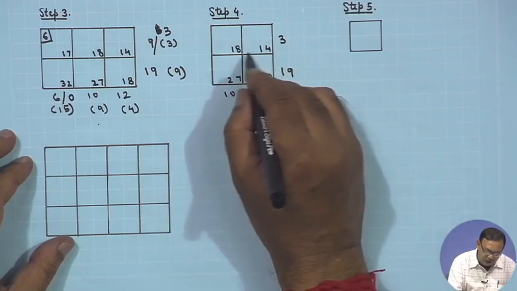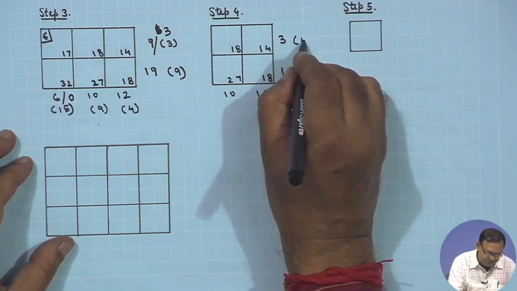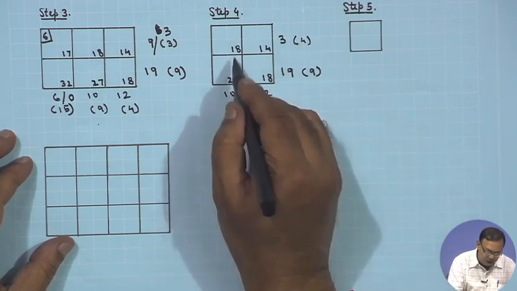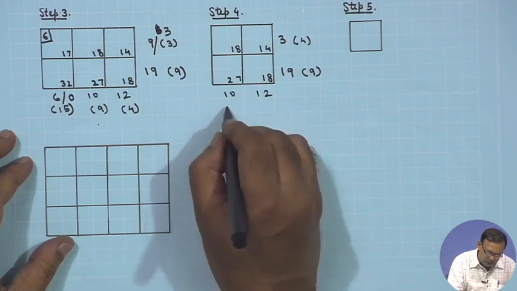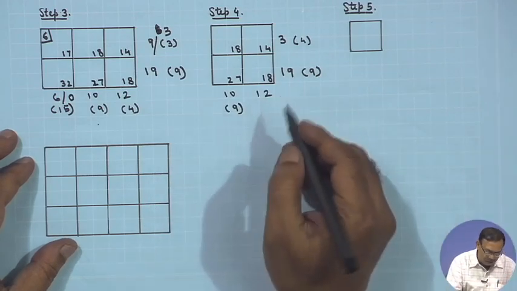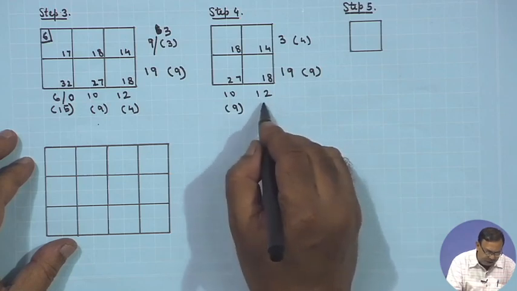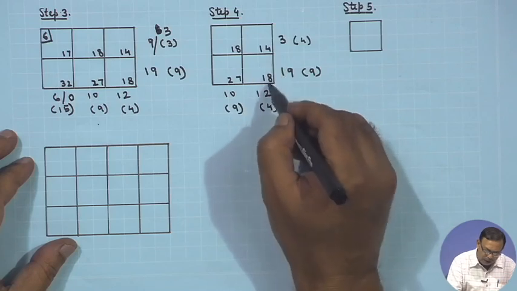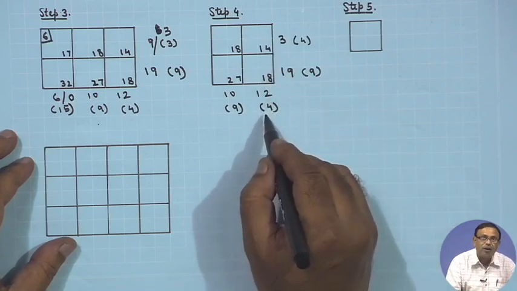Again find the difference. So, it is 4, here it will be 27 minus 18, 9. For this case also it is 9 and for this case it is 4, 18 minus 14, that is 4.